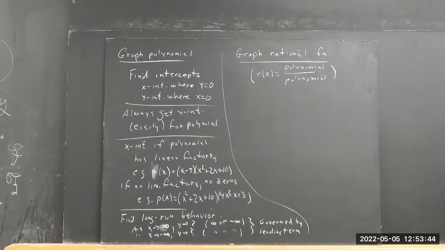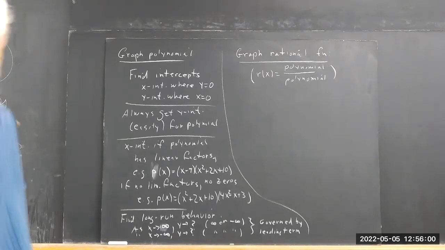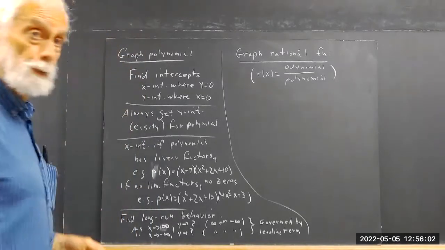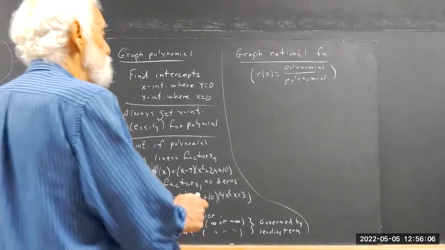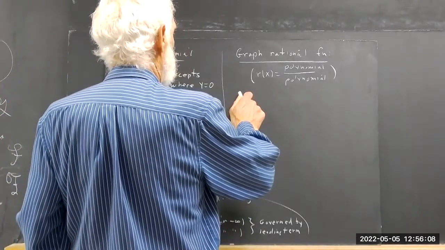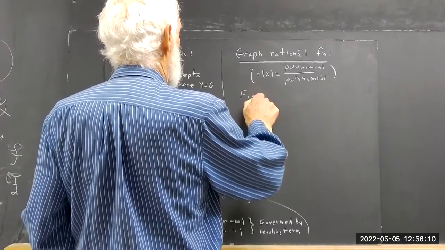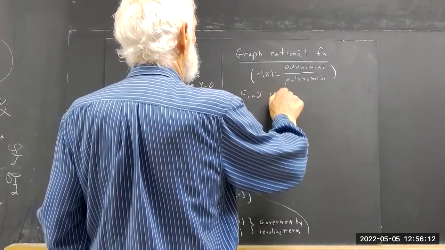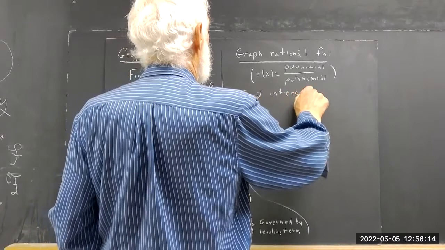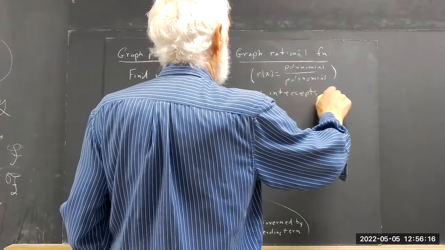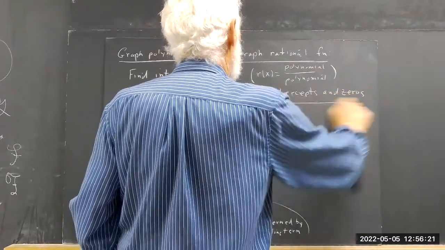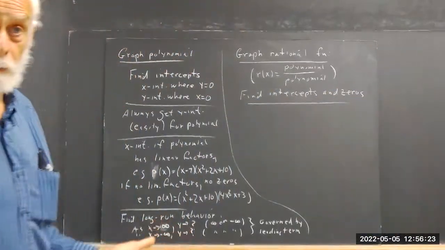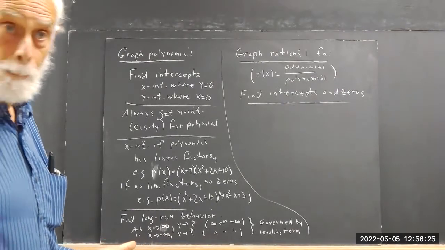Go ahead and write it out for me. Okay, so everybody's telling me all this, which is true. You do all of it. Find the intercepts, zeros.